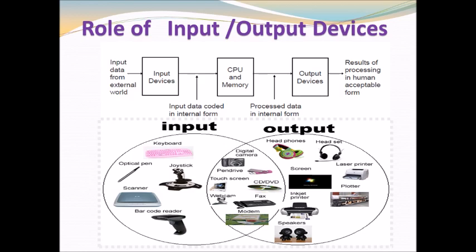Then this CPU provides that processed data to the output unit, that is output devices, and then we receive it in the form of a result, in a processed form that humans can accept. So that is the role of input devices and output devices. Input devices take the input and output devices show the processed result.